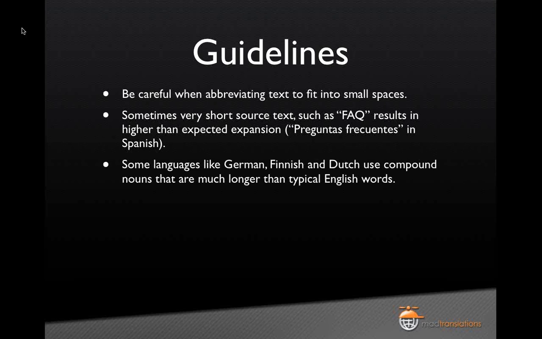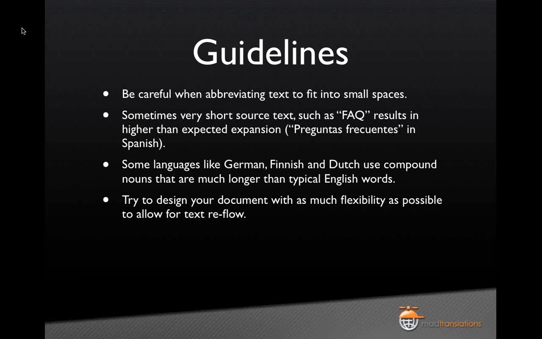You also have to understand there are some languages like German, Finnish, and Dutch that use compound nouns. So if you have some content where you're stringing together some nouns, invariably you may have some compound nouns, which will cause issues with wrapping. You want to try to design the document with as much flexibility as possible to allow the text to reflow.